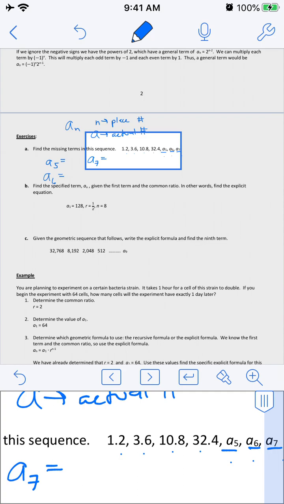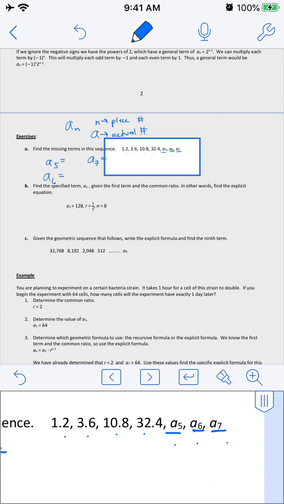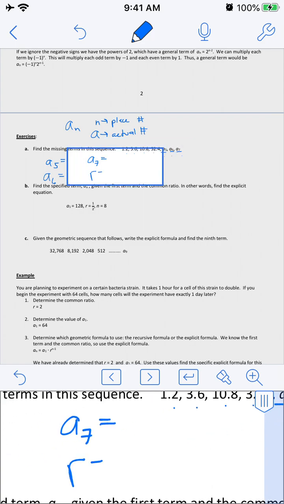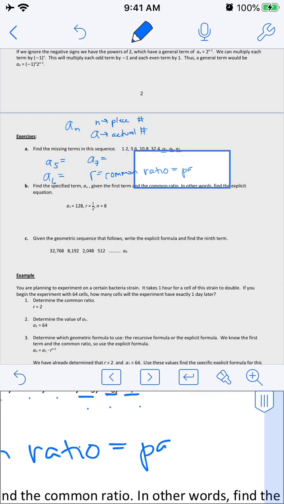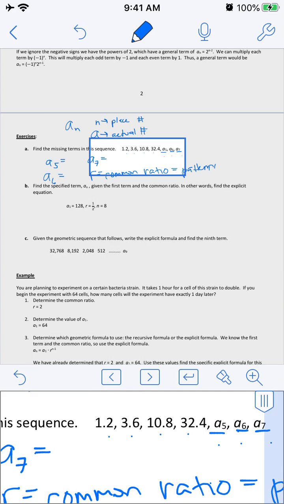Okay, all right, so now how are we going to figure this out? Well, we also need to find our r. What the heck does an r stand for? Our r stands for our common ratio. Common ratio. It's a fancy word for the pattern. It is the common thing in between each one of these. How on earth would I figure out what we're going by?